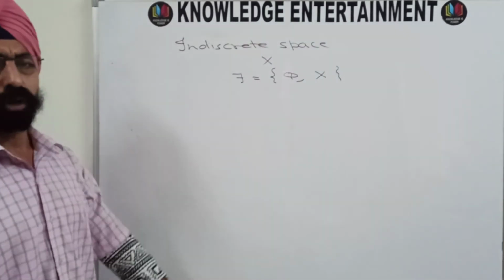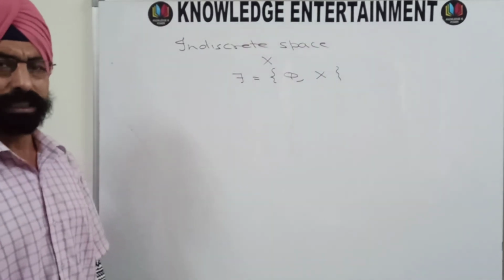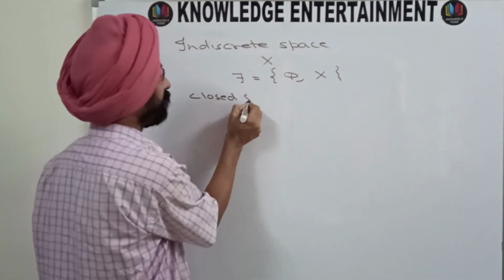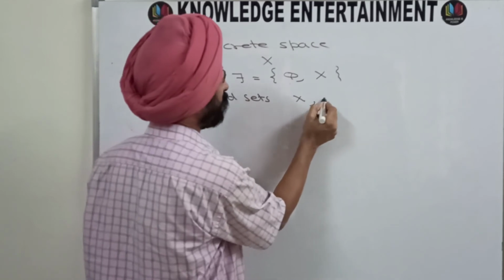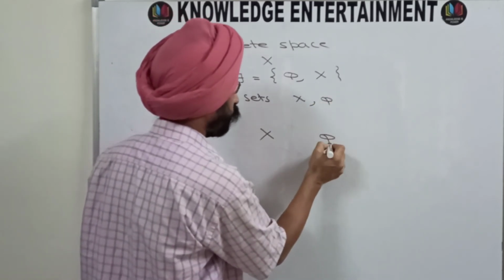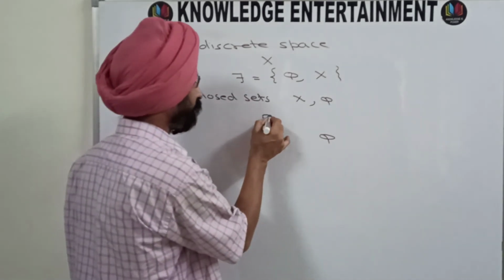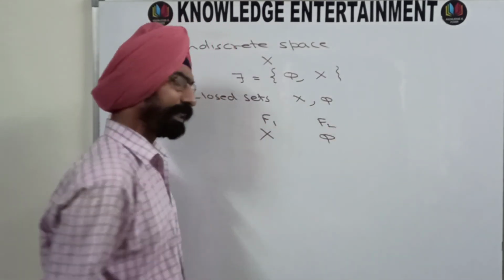Now to check normality, you need two disjoint closed sets, and the only closed sets here are phi and X. Both are disjoint, no problem, because their intersection is phi. This is your F1, this is your F2.